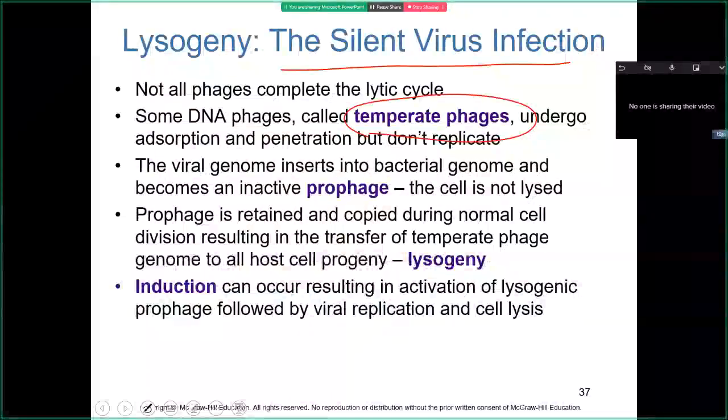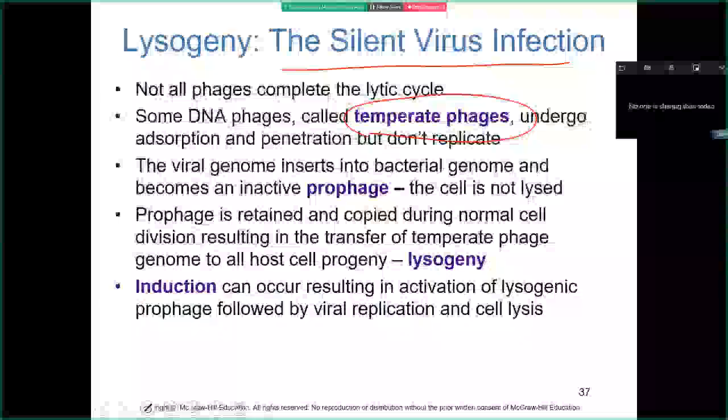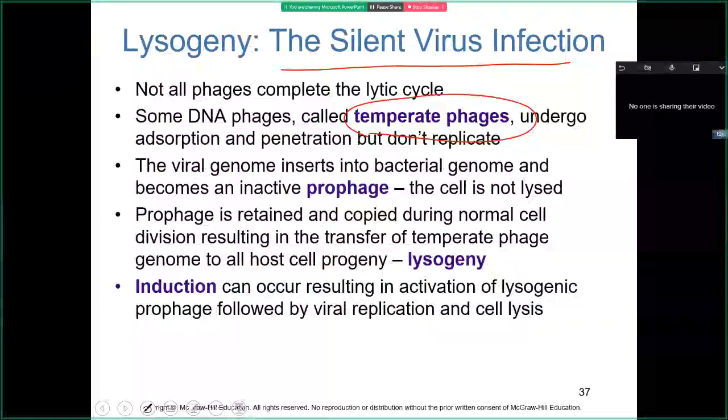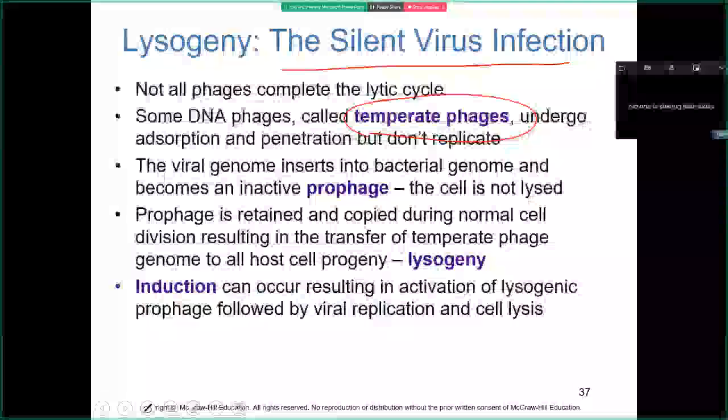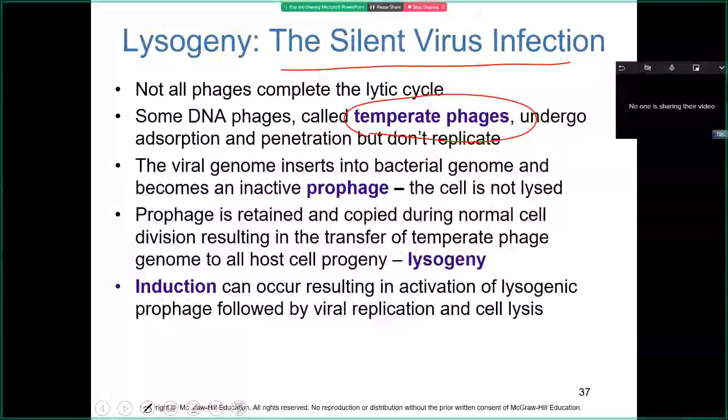They're not usually destructive, they don't kill outright. So if you're a temperate person, you're a kind and equable person that doesn't have a temper that flashes and goes up and down. That's kind of what they're trying to imply here.